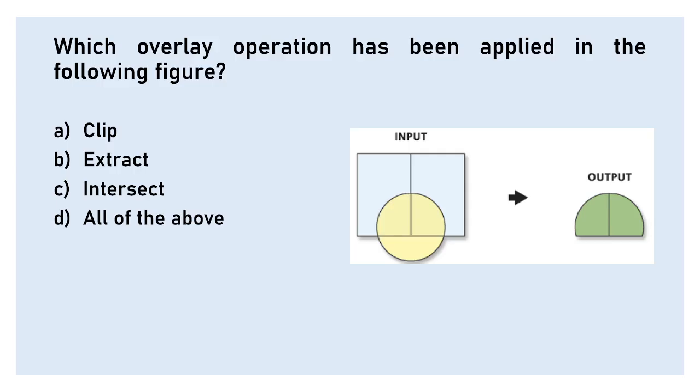So you have this input and the output. You can see you have, I think it's a rectangle, not a square, anyway, and then a circle is there. And you can see how the output has come. The answer is all of the above. Here you have clipped, you have extracted, and basically it is the intersection.